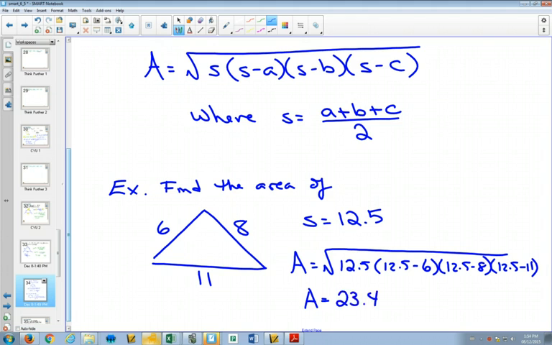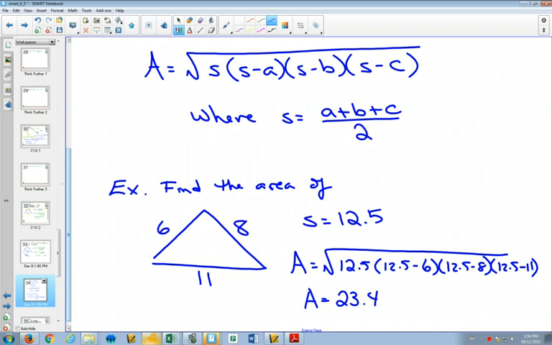And you get your area. It's not that bad. It is really helpful when you have a situation like this, because with our other formulas, you would have to use the cosine law first to find the angle, and then you could use the other formula.